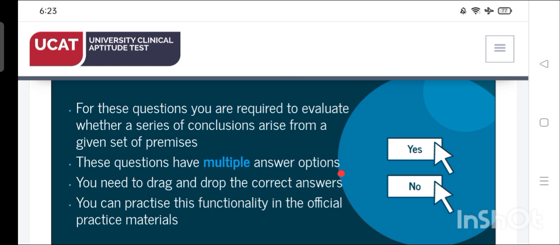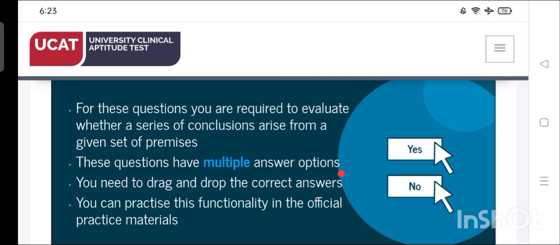Okay, syllogisms are the types of questions where information will be presented to you in the form of 2 to 3 sentences, lines, or you can say a passage, and then you have to answer with a series of conclusions. Five conclusions could be given to you, and you have to tell which one is correct, because there are multiple answer options.